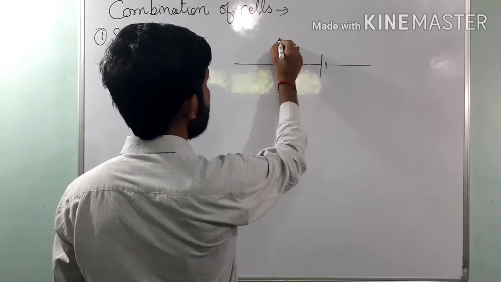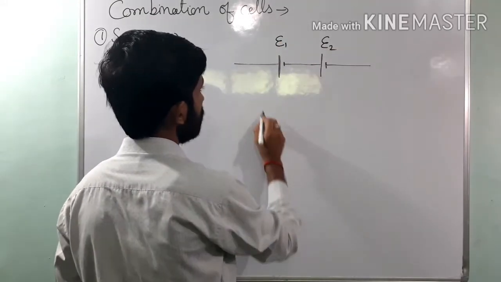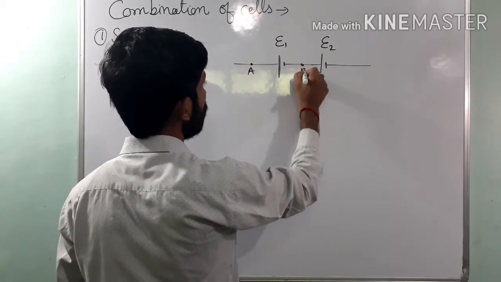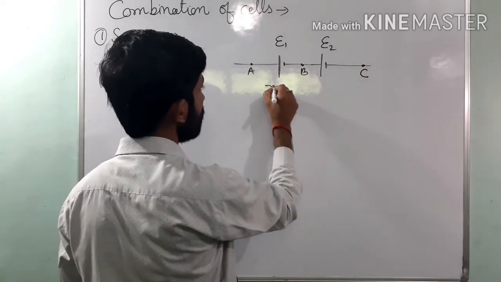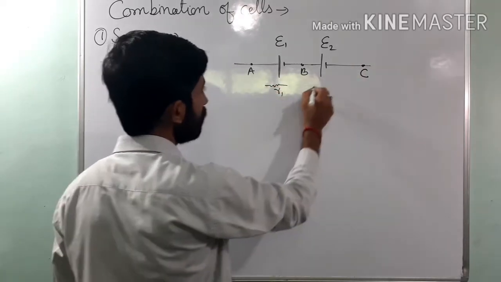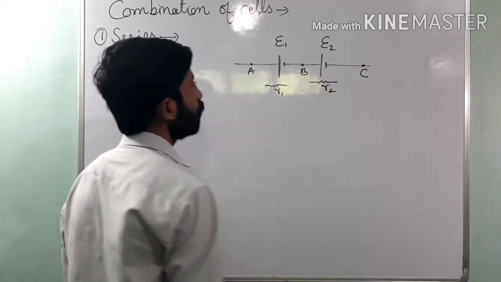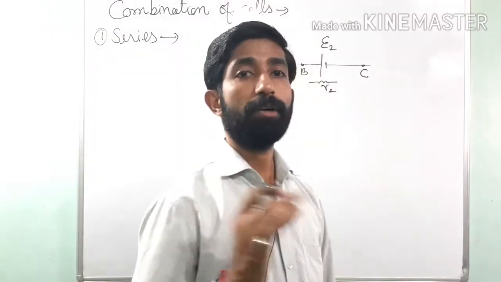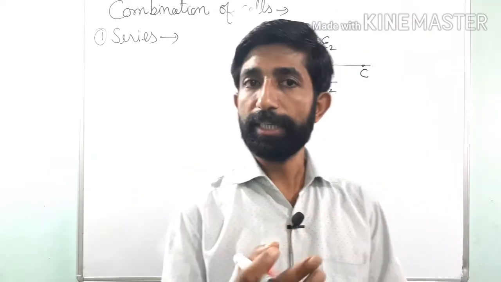Now consider its EMF is E1 and that of this one is E2. These are three points A, B and C. Its internal resistance is R1 and that of this is R2. Okay. What remains constant or same, potential or current, in series combination?